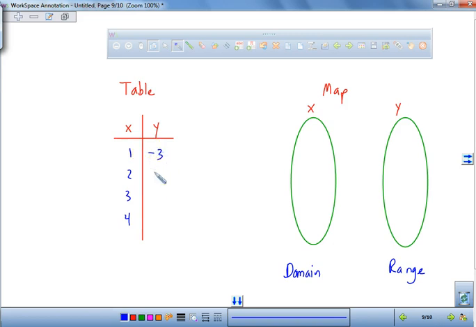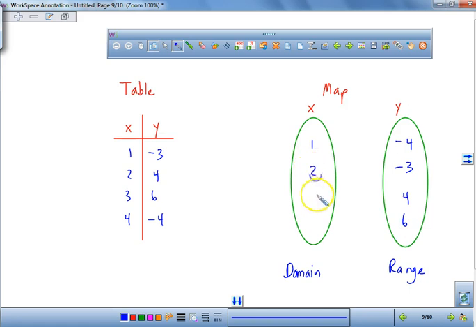I'll say 1 goes with -3, 2 goes with 4, 3 goes with 6, and 4 goes with, we'll say, -4. But in a map, I'll put -4, -3, 4, and a 6. But for my x values, I'm going to do 1, 2, 3, 4.